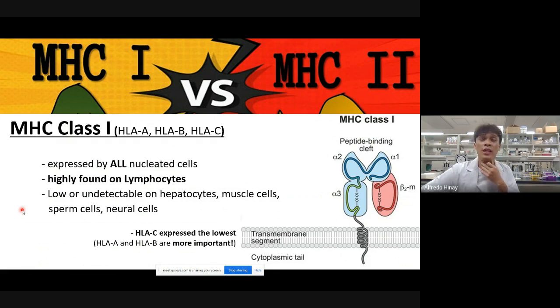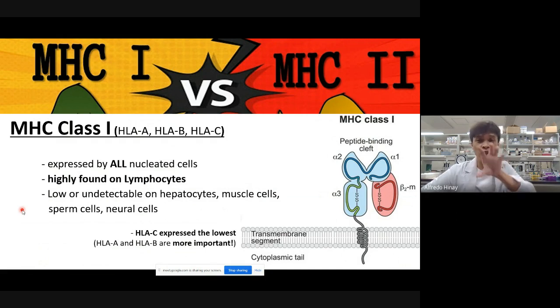So we knew already that your RBC is unnucleated. So they don't have a nucleus, right? So the majority of the students will try to answer, no sir, they don't have class 1. Because as we discussed during our hematology, with the RBC maturation series, at the end of the maturation, the RBC does not have any nucleus. Then therefore, they should not have class 1, sir.